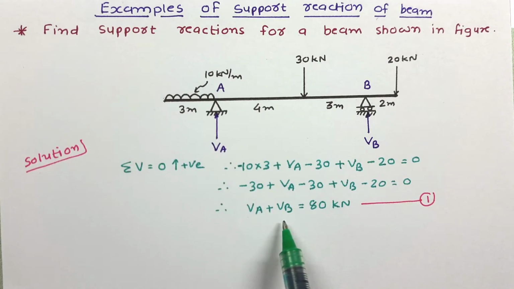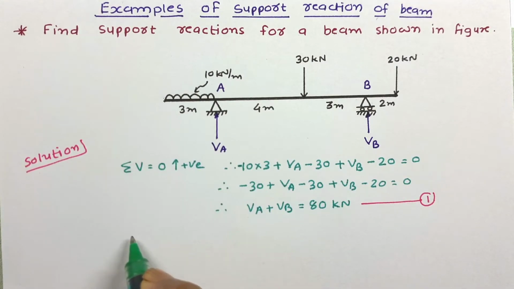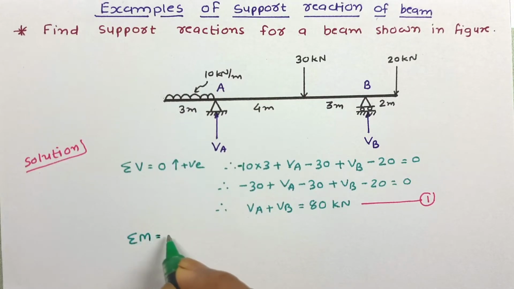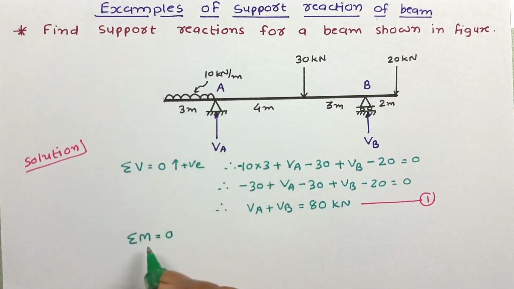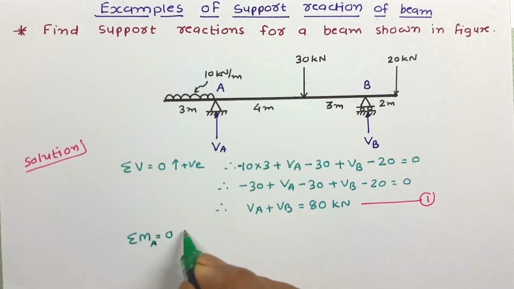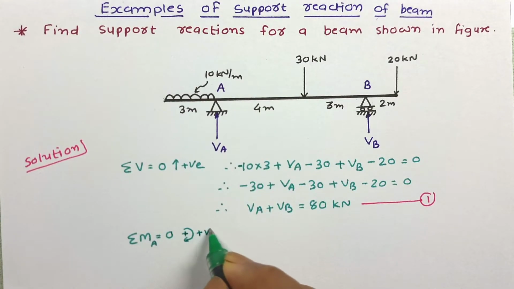Apply the third condition of equilibrium, that is summation of moment about any point on beam is equal to 0. Here we will take moment about point A and the sign convention is, we will take clockwise positive.